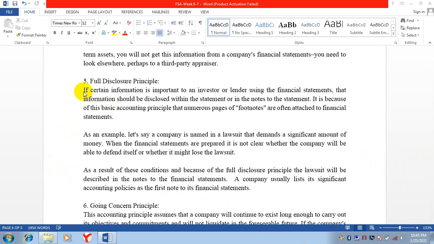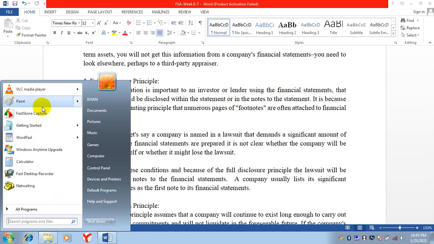According to this principle, if certain information is important to an investor or lender using the financial statements, that information should be disclosed within the statement or in the notes to the statement. What does it mean?